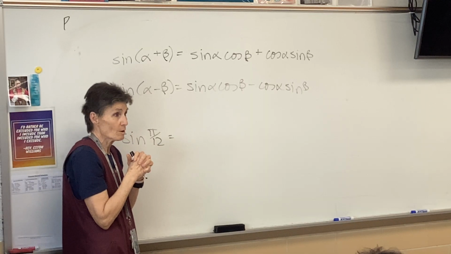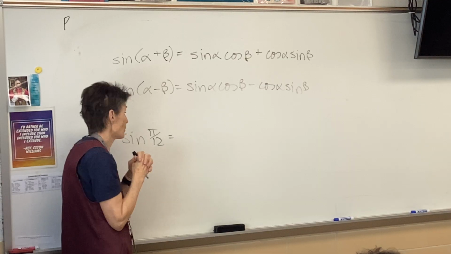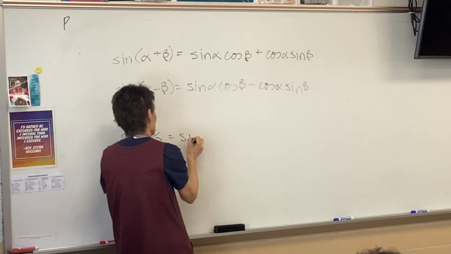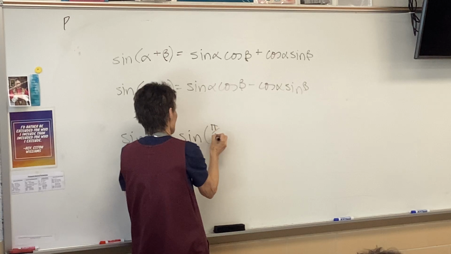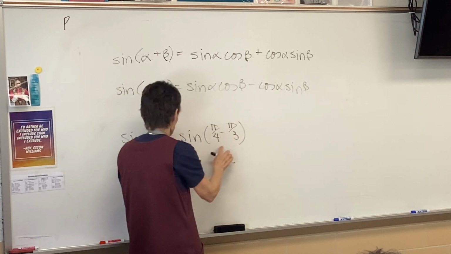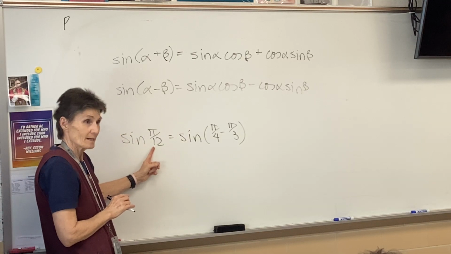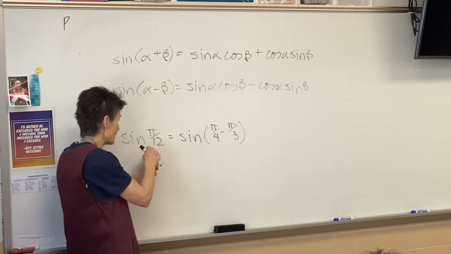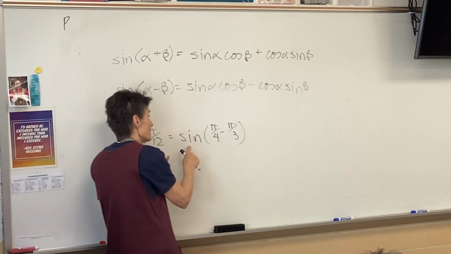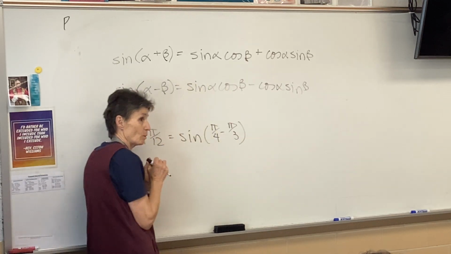Pi over 4 and pi over 3. So what if we took pi over 4 minus pi over 3? Does that make pi over 12? It does. So now I can do this problem in terms of two known angles and my formula.